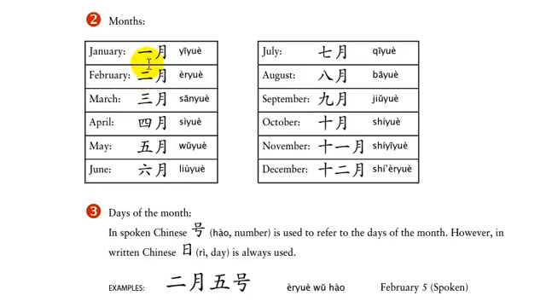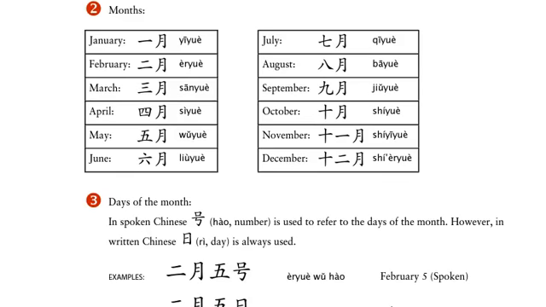So 1月 January, 2月 February, 3月 March, 4月 April, 5月 May, and so on, all the way up to 12月, which is December. So if you can count to 12 in Chinese and you can say the word 月 for month, then you now know how to say January through December.